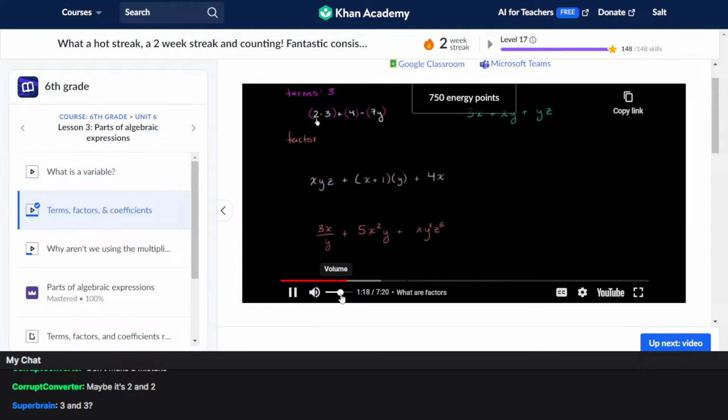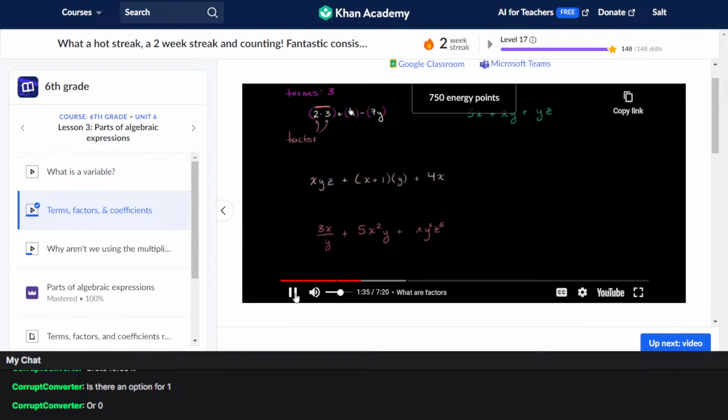So for example, what are the factors of the first term? It's just what's being multiplied. This one right over here, 2 times 3. There's 2 factors, a 2 and a 3, being multiplied by each other. So here you have 2 factors in the first term.